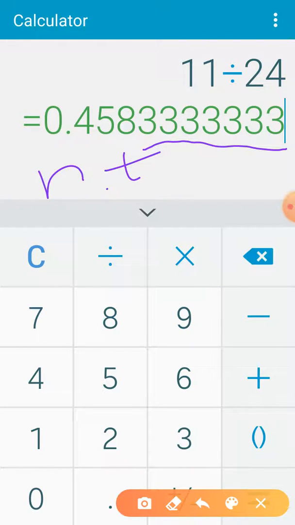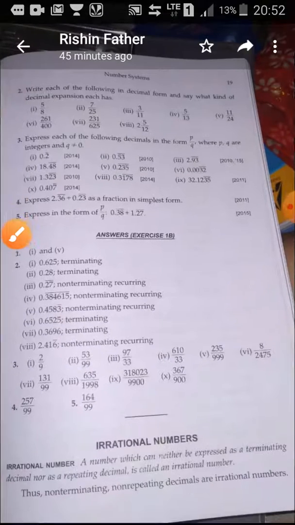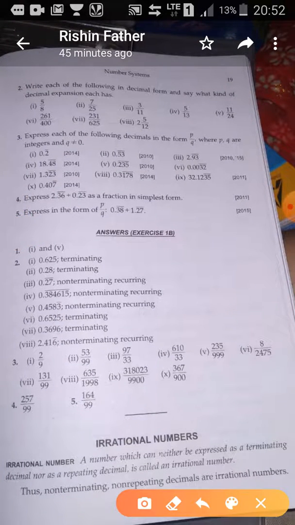I am writing NT, you will write the full form, non-terminating recurring decimal. Understood? So just check the way they have written non-terminating recurring, and for 0.458 they are not writing 333333. Above the 3 they have just put that dash.